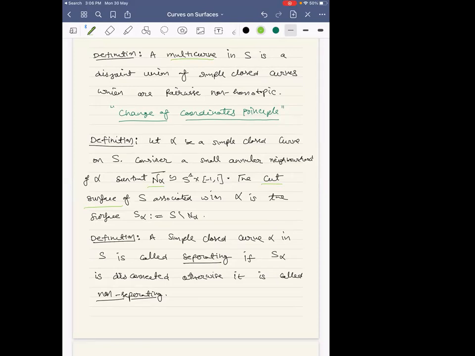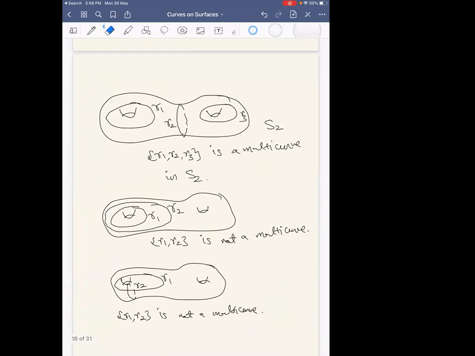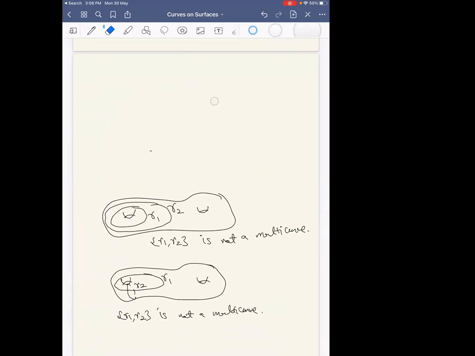So let me give you an example of a cut surface. Suppose your alpha is this. You consider an annular neighborhood of this, which is homeomorphic to, let's say, S1 cross [-1, 1].